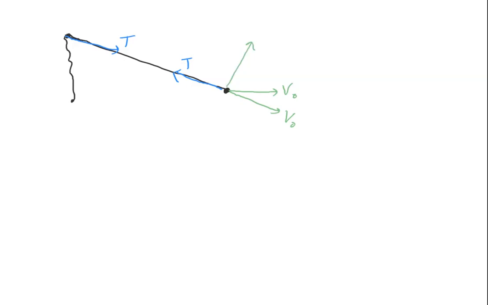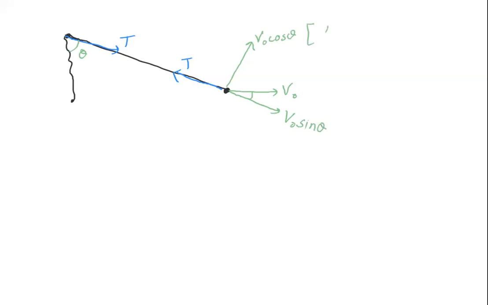Now, if this angle is theta, then this angle will be 90 minus theta, and this will be v naught sine theta, and this will be v naught cosine theta.